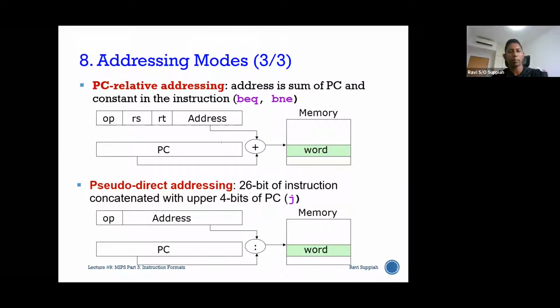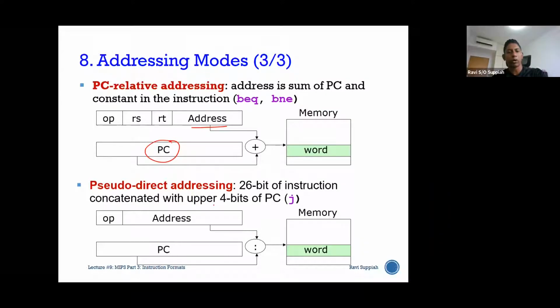The same concept applies, where you are checking for an equal or not equal comparison, and then using that result to branch to a particular address. The address is also specified as the eventual address using the current PC value and the offset specified in the instruction.